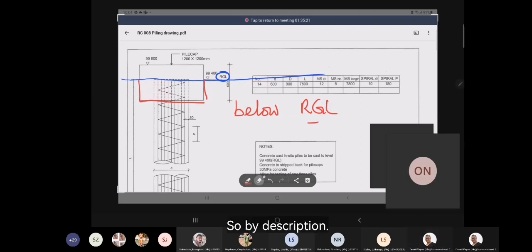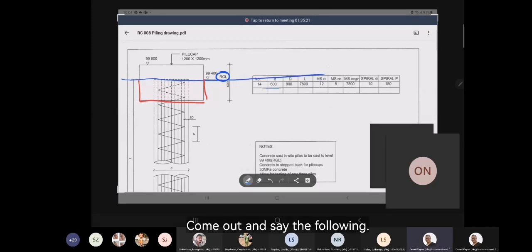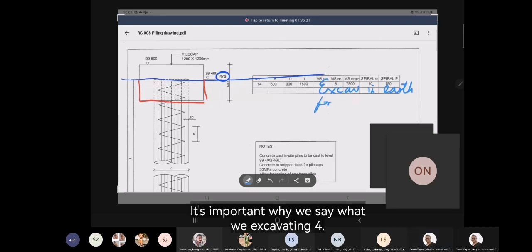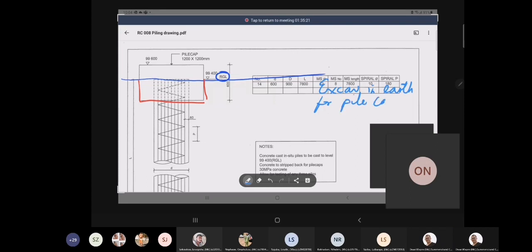So my description would come out and say the following. Excavate in earth. It's important when we say what we're excavating for. For pile caps, not exceeding 2 meters deep below reduced level.